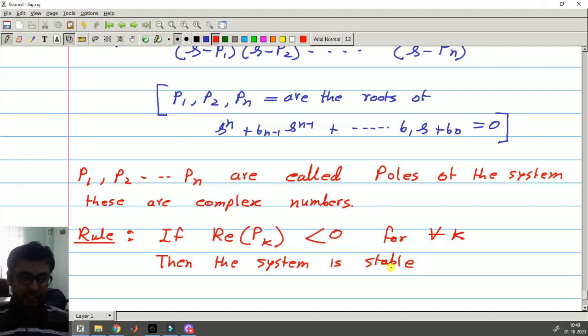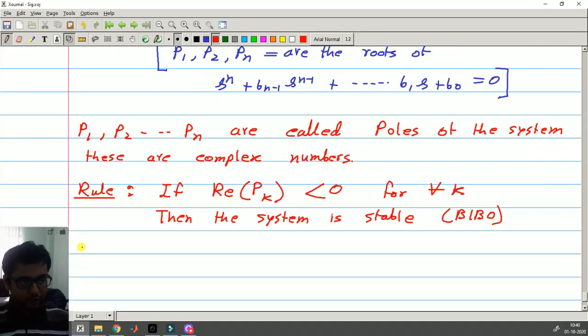Otherwise, it is unstable in the BIBO sense. This is as simple as that. Now, what is the justification of this rule?